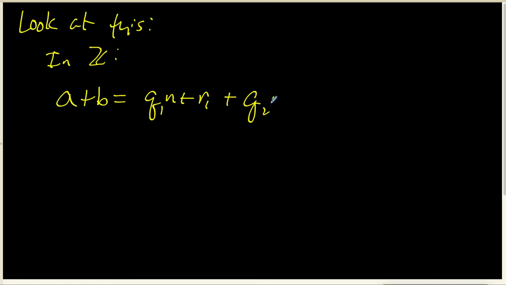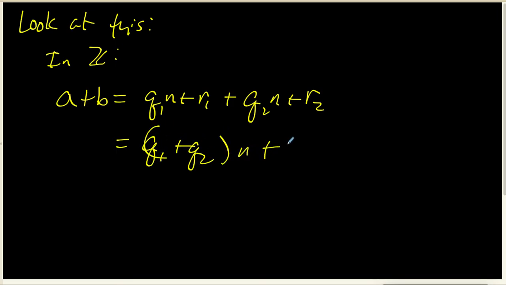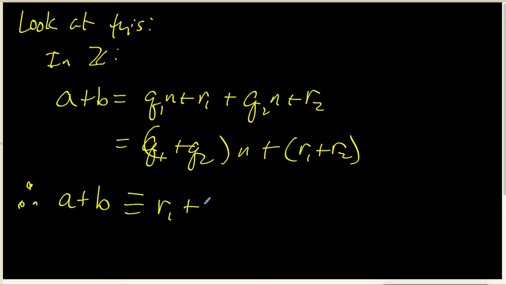So now let's look at this. First of all, I want to think about what happens in Z. I know that a plus b is going to be q1 times n plus r1 plus q2 times n plus r2, and that can be simplified to q1 plus q2 times n plus r1 plus r2. And so what I do know is that a plus b is congruent to r1 plus r2 mod n.